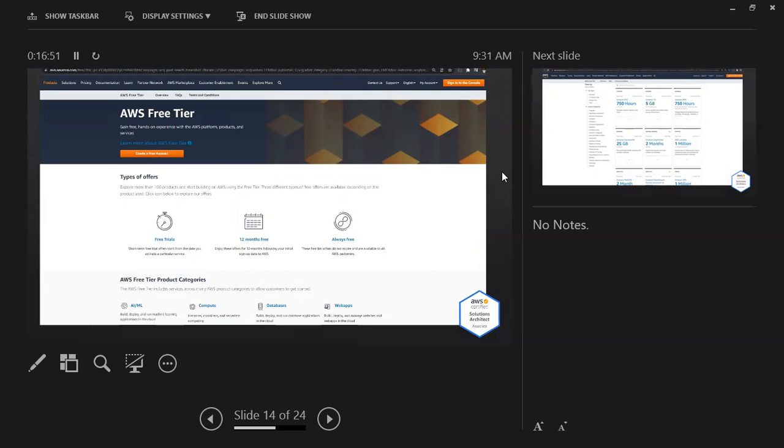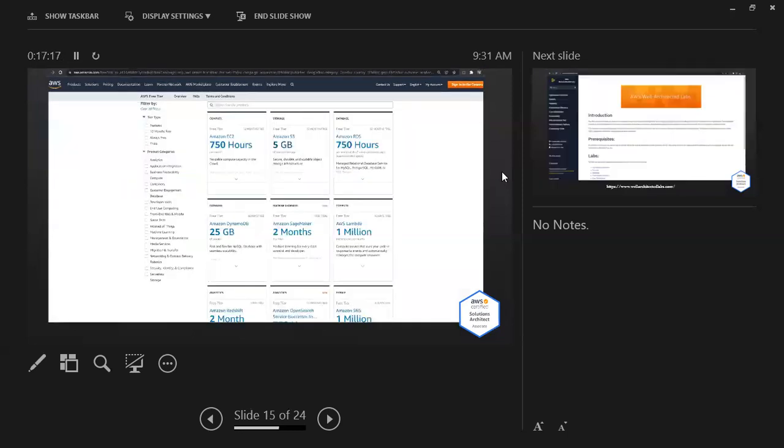I played with Route 53, CloudFront, EC2 instances and all that, so I was able to get more out of it and see how some of the services work. There are some that are not quite free, but you have free trials for some services and always-free for some services, and that covers you for the exam.